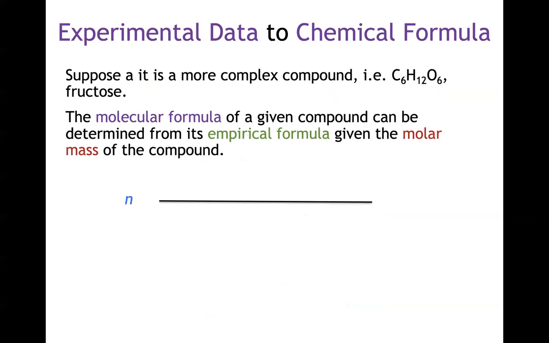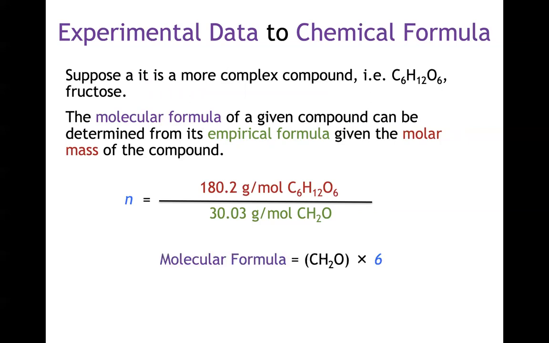If we calculated the empirical formula and its molecular weight, we'd get 30.03 grams per mole. And if we're given the actual molecular weight, then we could calculate what N is, right? In this case, it's 6. So we can multiply the empirical formula by 6, and that would give us the actual molecular formula of the molecule.